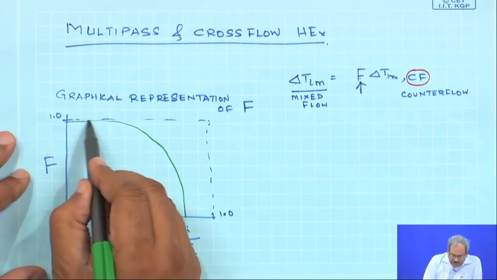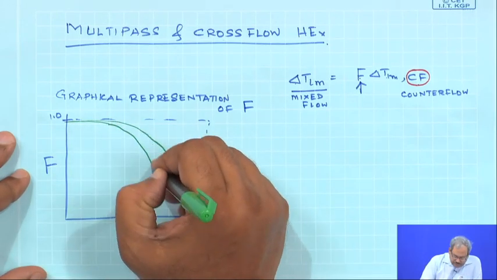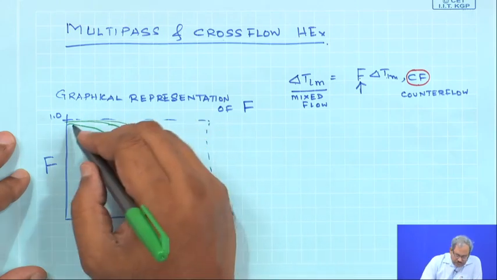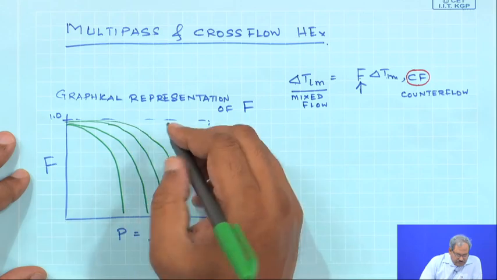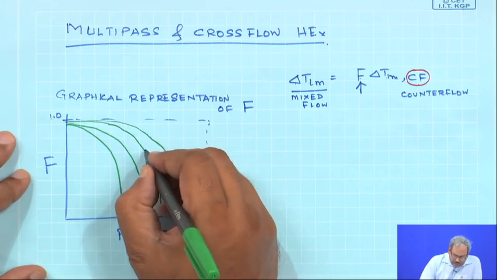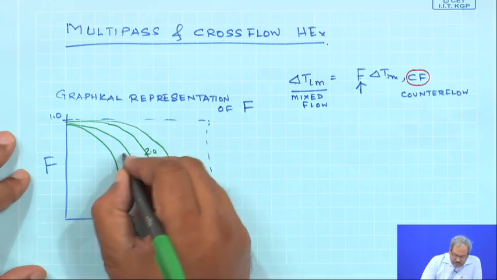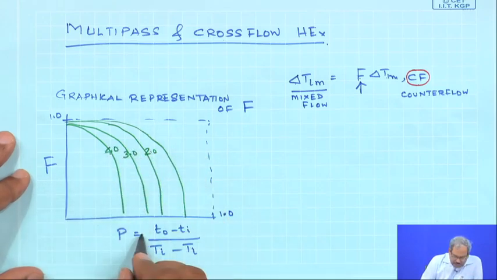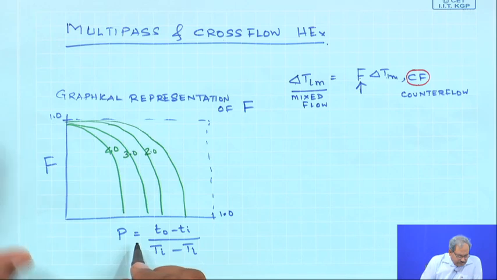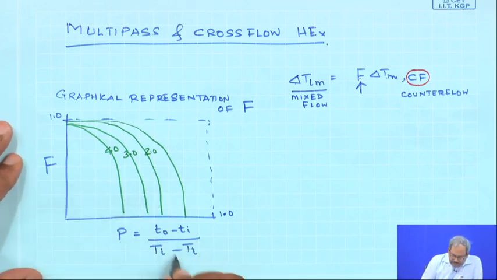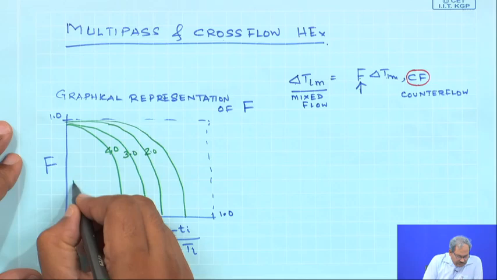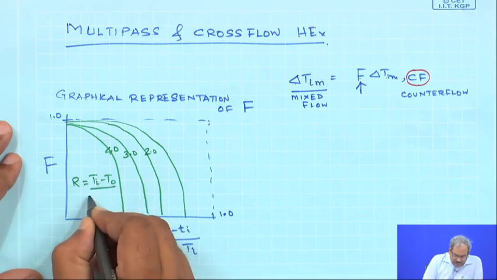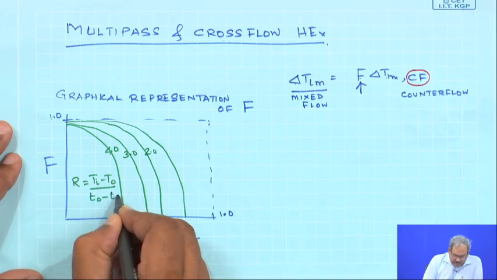There will be a family of curves, and the value of P is defined in this way, and the family of curves are for different values of R, which is T I minus T 0 by T 0 minus T I.